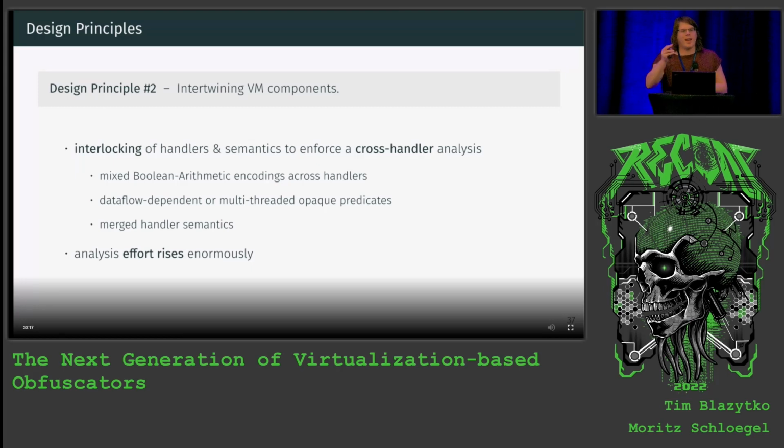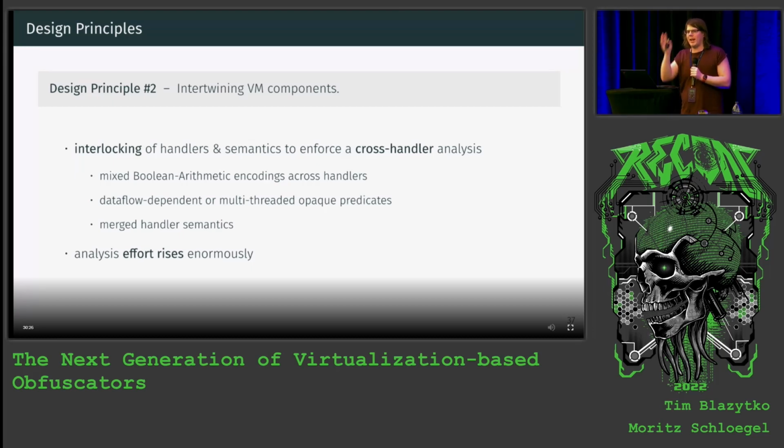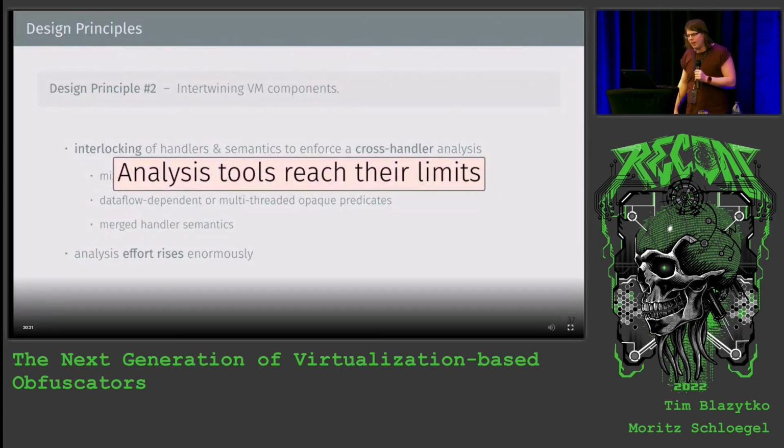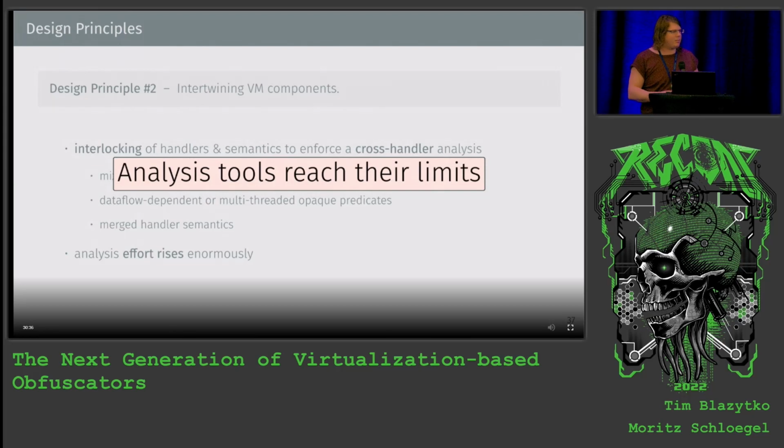Normally, you start at the handler begin and end at the handler end, but now you perhaps have to look at the whole VM execution, or just a slice of different handlers in a row. And the other thing is that analysis tools reach their limits, since it's possible that we operate on thousands of instructions at the same time in a row, that we have to keep in memory, that we have to analyze, and stuff like that. And usually, tools go out of memory or take a long time to process these things.